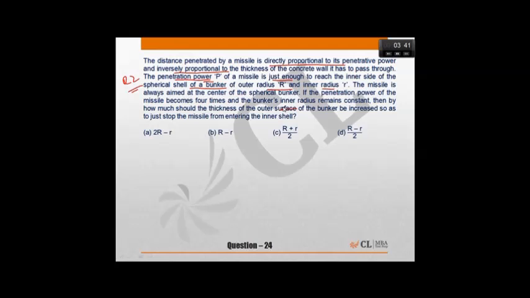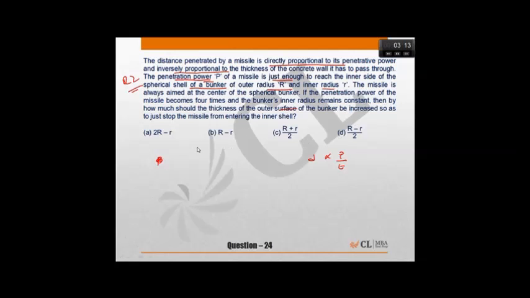Okay, so let's look at this one. 3.5 minutes. Penetrative power is proportional to the distance penetrated. The distance penetrated by a missile is proportional to the penetrative power and inversely proportional to the thickness of the concrete wall it has to pass through.